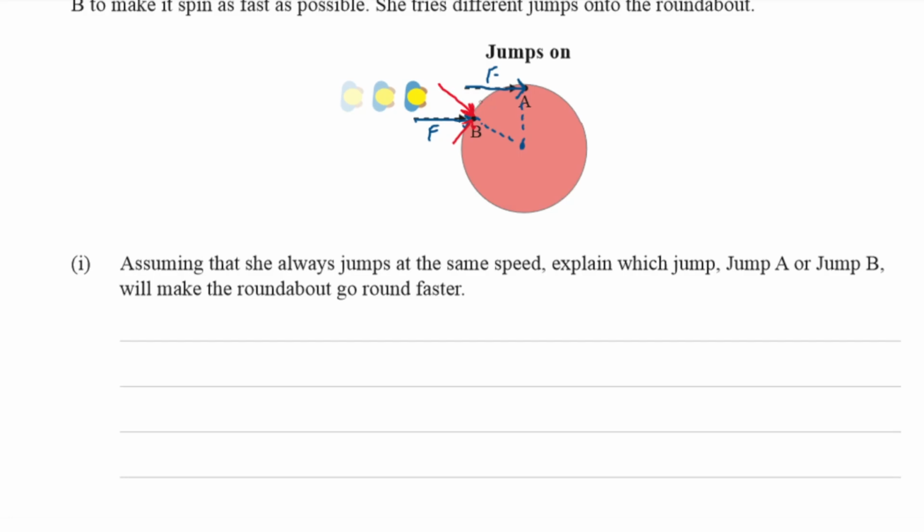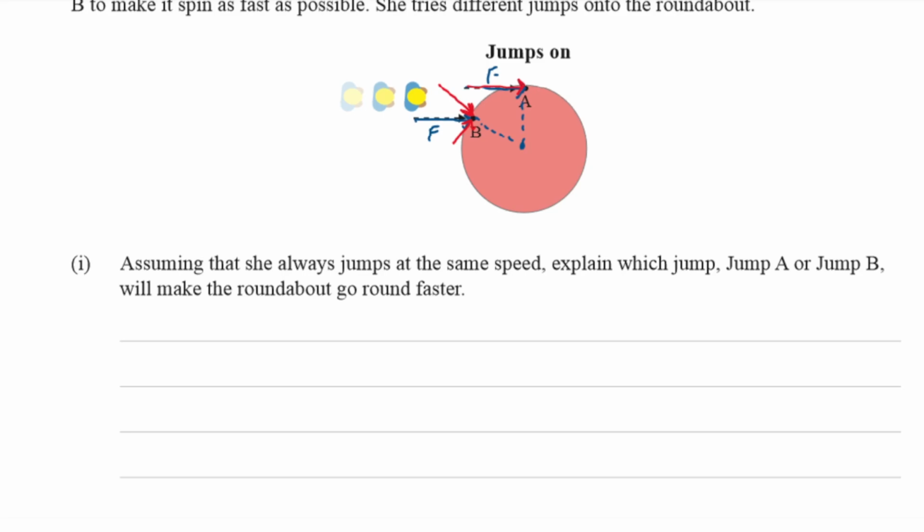Notice that part of the force is acting inwards to the center, and that wouldn't cause it to rotate. It's only the perpendicular component that causes it to rotate. So at position A, all of that force is perpendicular, which means position A would definitely produce the greater speed.